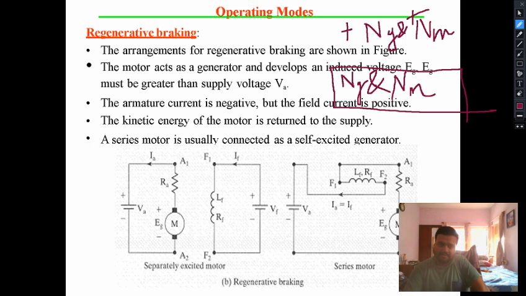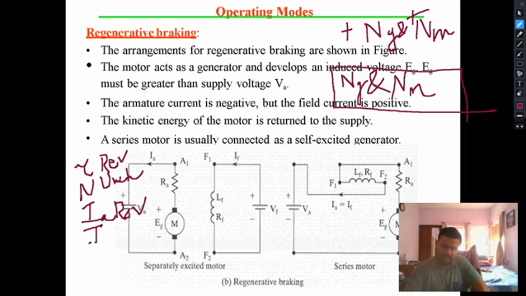The speed direction is unchanged, your torque has got reversed, your armature current has got reversed, your field current is unchanged.